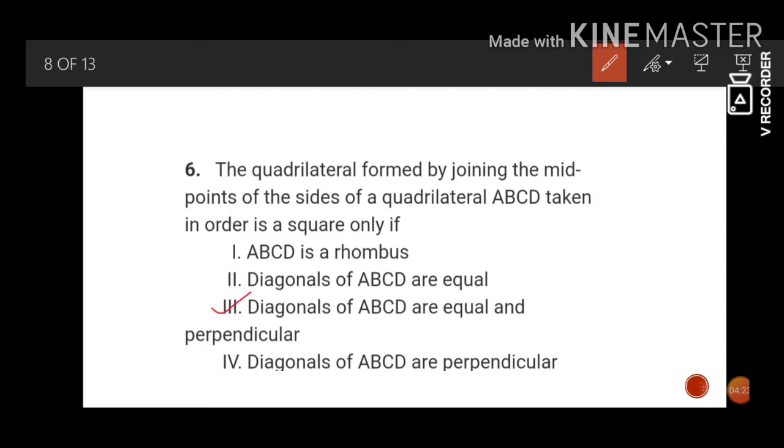So for the quadrilateral to be a square, the diagonals need to be equal, bisect each other, and be at 90 degrees. So equal gives us the equal part, and bisect each other and 90 degrees will give us perpendicular. So our correct option is option number 3.